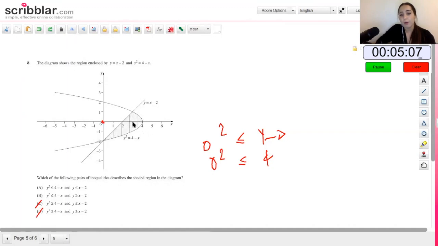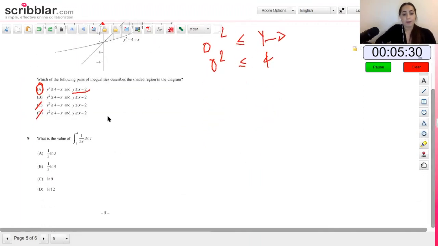The reason is that 0, 0 for the straight line is not part of the shaded region. So we test for that point, we get 0 is less than or equal to 0 minus 2. This is for option A over here. I get 0 is less than or equal to negative 2, which is false. And that's exactly what we want. We want it to be false.